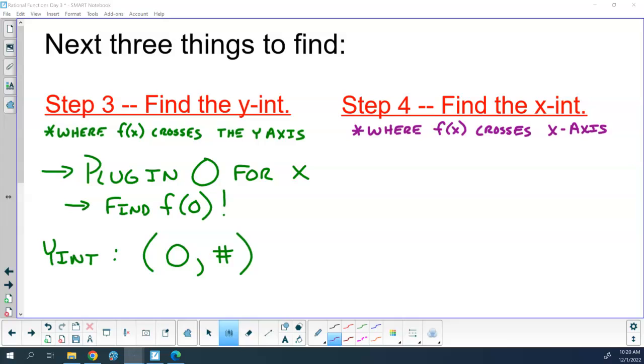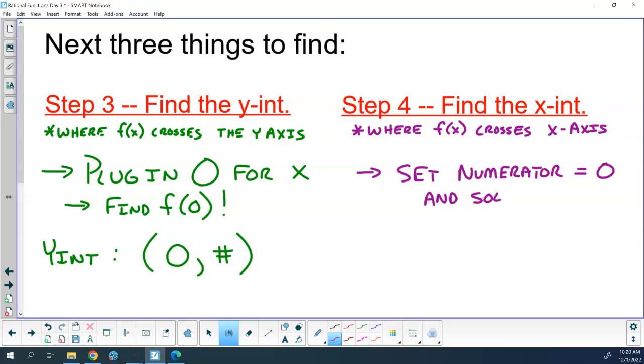So in order to solve for the x-intercepts, we are going to set the numerator equal to 0 and solve. So whatever the top is, you set it equal to 0. Solve it out.